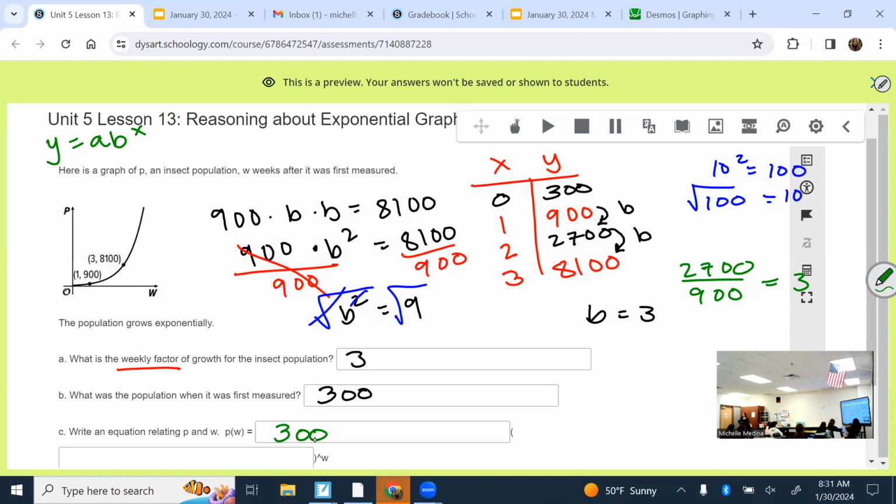The starting amount should never be attached to the exponent. Okay, so 300 is not attached to the exponent. B stands for what? That is what we had to multiply by each time. And that's what we go here. Don't put any extra spaces or things like that. But your B, your common factor, should always be attached to the exponent. So good, any questions?